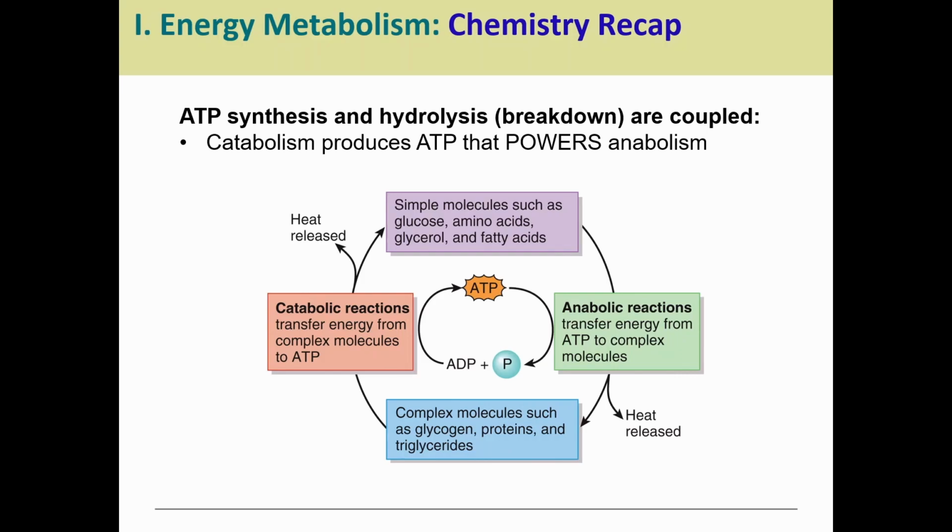Transferring the energy from the ATP to these simple molecules so that they can build up to something more complicated. And then when we need to break down those complicated molecules, we can use that breaking down process to produce the ATP back again. So you see the ATP is kind of recyclable, right? We're going around and around, and one single ATP molecule can do this 1,000+ times a day.